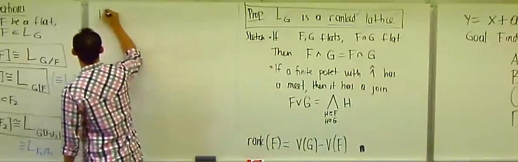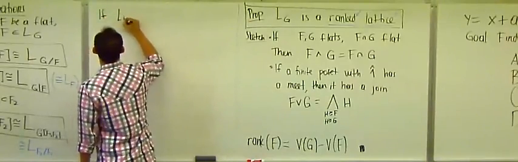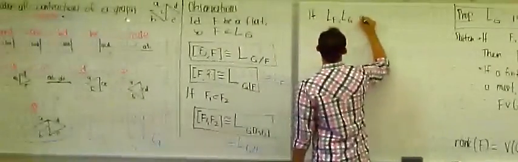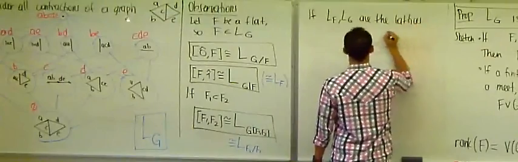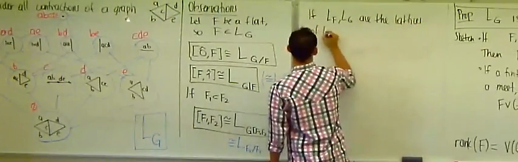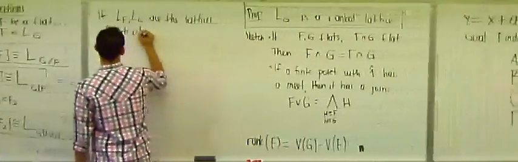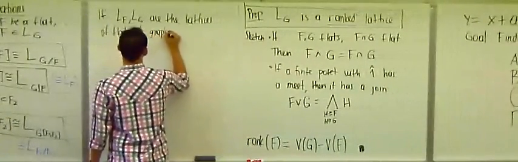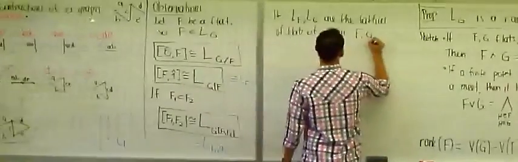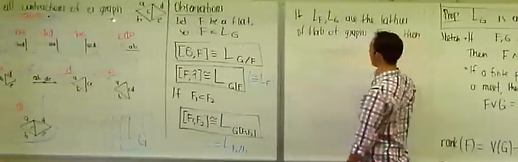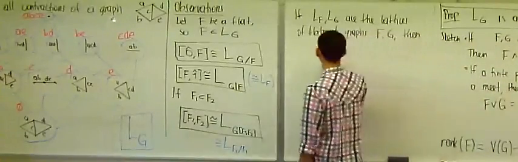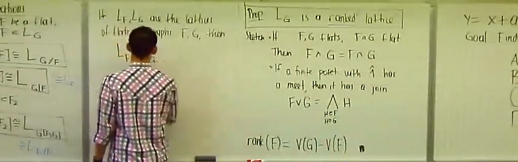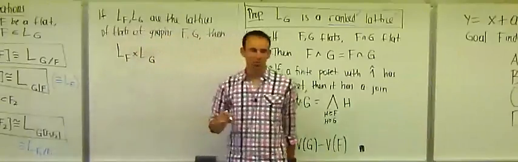If LF and LG are the lattices of flats of two graphs F and G, then I want to claim that if I take their product, the product of the lattices, this is also the lattice of flats of a graph.